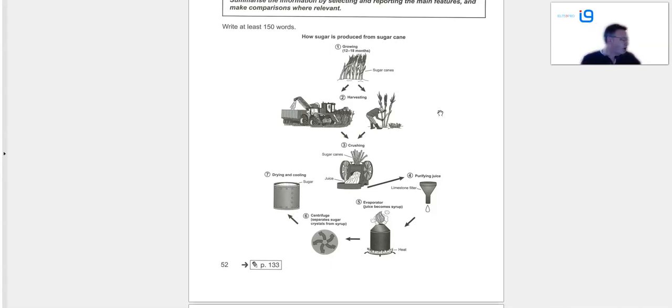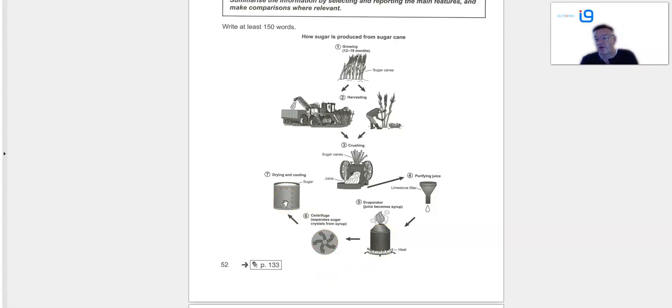Very good. So, you can see we've got the sugar cane. The first part is the natural growing process, and you've got two combinations of harvesting, either this one or this one. Then into the grinder, it's crushed, purifying the juice, it's filtered, evaporated into syrup, centrifuge, drying and cooling.